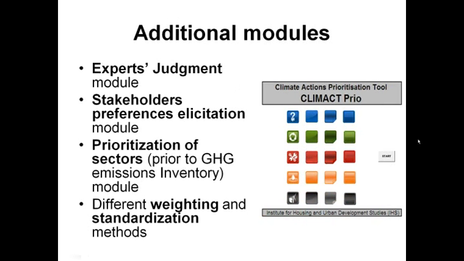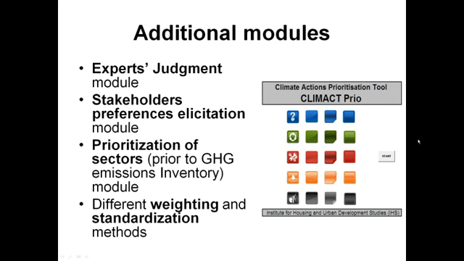Some additional modules, as we will see briefly in the next part: this tool is based on Excel. It's an Excel-based tool, which means that many people are familiar with it, and it also gives the flexibility to plug in and switch on and off certain modules.